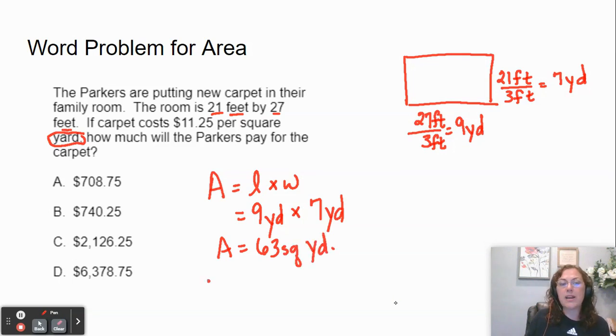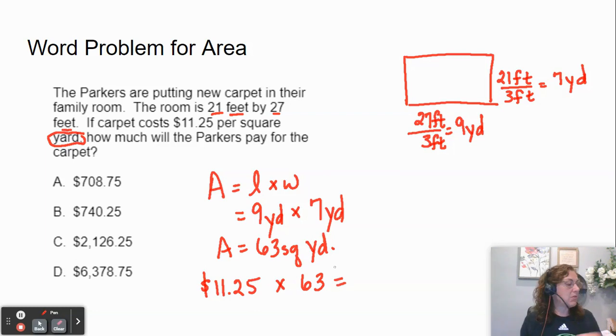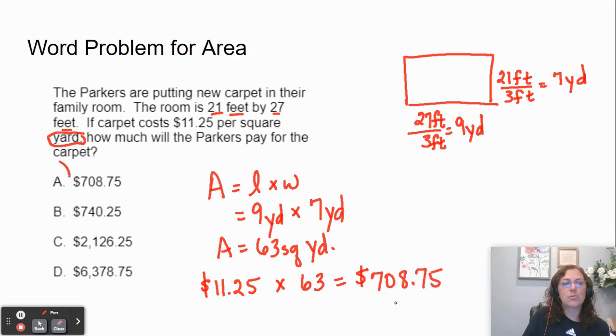We were told the price was $11.25 per square yard, so we'll multiply that by 63. Again, I'm going back to my calculator. $11.25 times 63 gives you $708.75, or answer choice A there. So again, watching those units is key to helping you navigate problems like this.